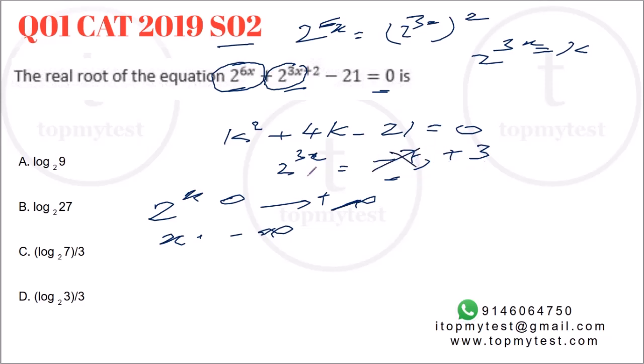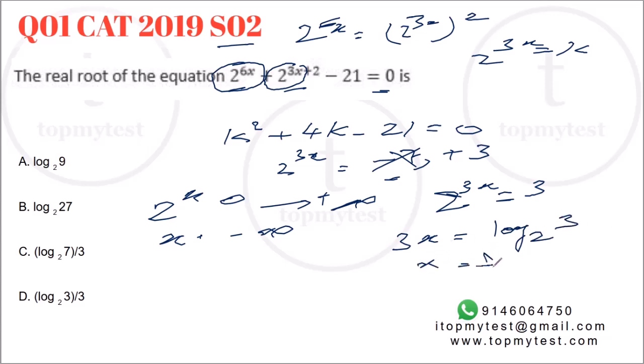So the only solution left is 2 to the power 3x equals 3. Now if I take log to the base 2, you will get 3x equals log to the base 2 of 3. If you rewrite this, x is equal to 1/3 of log to the base 2 of 3. Option D will be your correct choice.